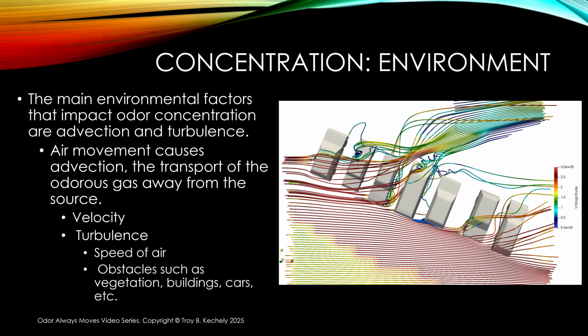And that air movement, specifically the velocity and the turbulence caused by that movement, is the main influence on how fast an odor loses concentration, how fast it diffuses and spreads out. And again, the speed of the air and the obstacles that it encounters all dictate the types of turbulence that are created, and changes in velocity and so forth. So it all matters.